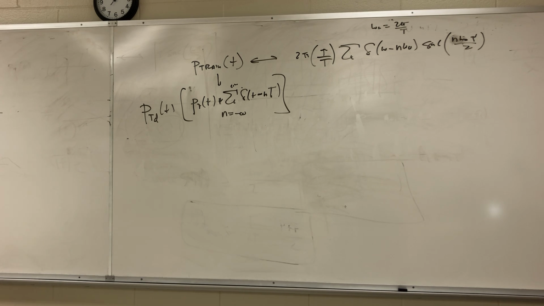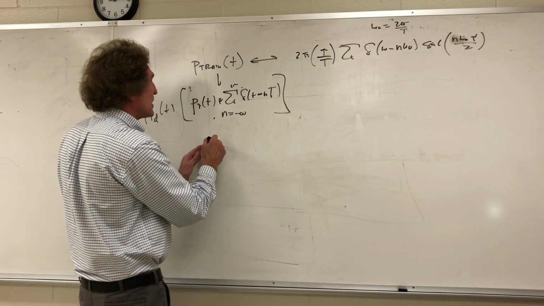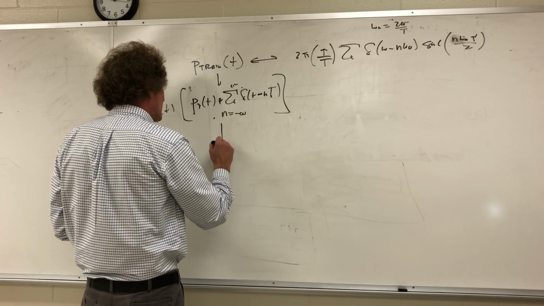I still have to peek into the frequency domain to see what that looks like, don't I? So I know the transform of this, and I'll put it down here.